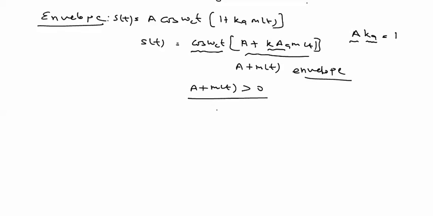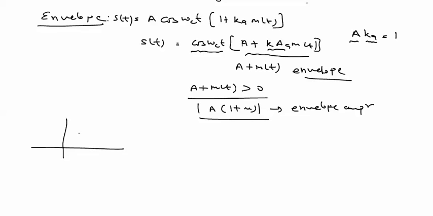One more idea: if we represent it in terms of mu, this is known as the envelope amplitude. If we draw a signal that we want to modulate, for all values of t, this is the basic A value and A plus m(t).